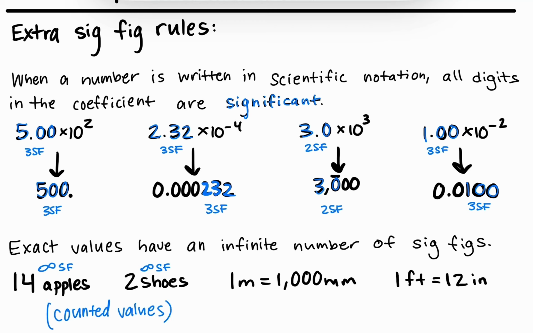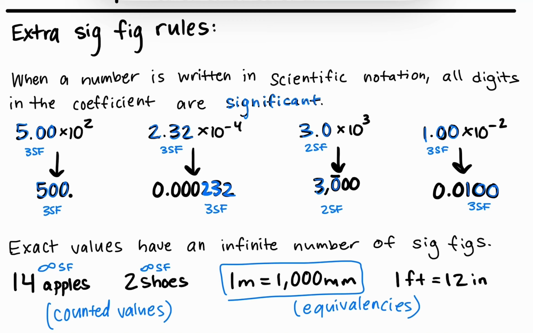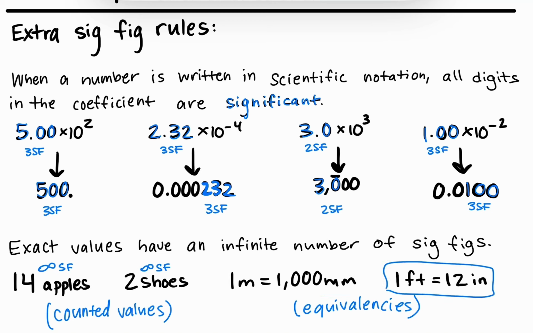And then equivalencies are exact values. These over here are equivalencies. These are things that we know to be true, that there is 1,000 millimeters in 1 meter. There is 12 inches in 1 foot. So these are also exact numbers because there is exactly 1,000 millimeters in exactly 1 meter, and same with there's exactly 12 inches in exactly 1 foot.